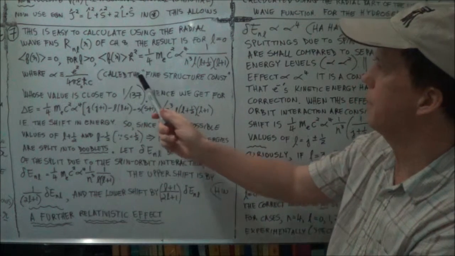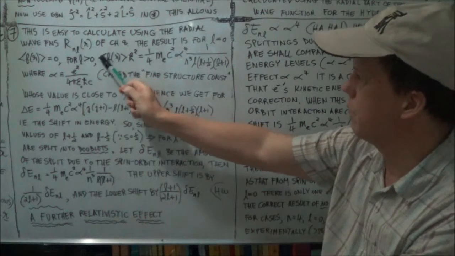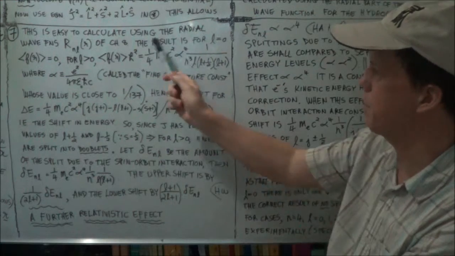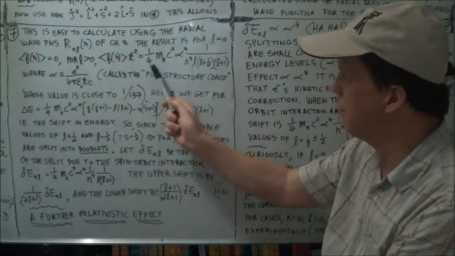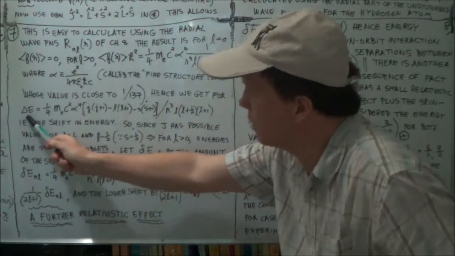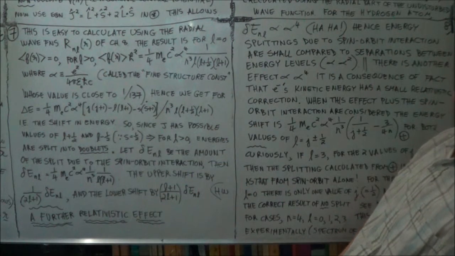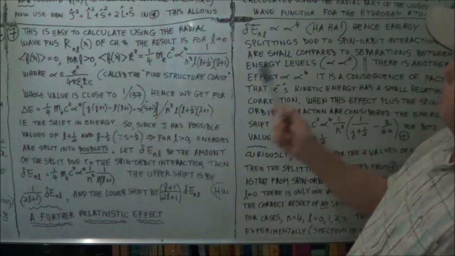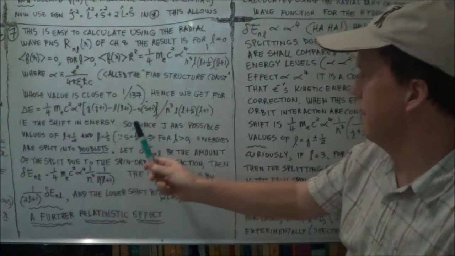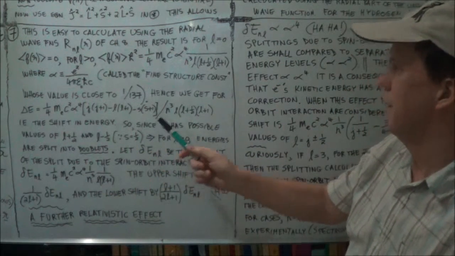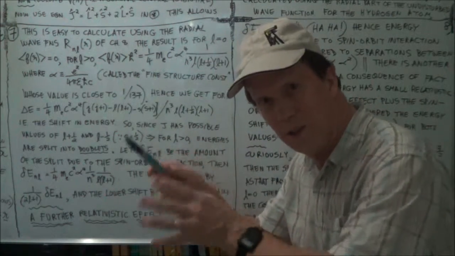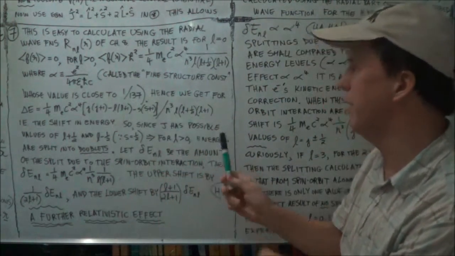Right. So we solved for the expectation value of F(r). We got this rather complicated expression. So we can plug this, the F(r) h bar squared, into the formula we had in the previous session, delta E. Well, delta E was the expectation of F(r) h bar squared, and then all the J's and the L's and the S's in square brackets.